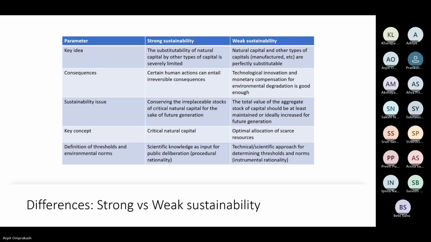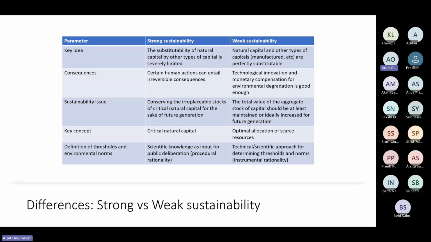The key concept for strong sustainability is critical natural capital, the natural environmental resources that we find. And for weak sustainability it is the optimal allocation of these scarce resources. So even if you get rid of all trees to build houses, it's okay as long as the value of houses is greater than the value of the trees that were there before. Great, monetary value.